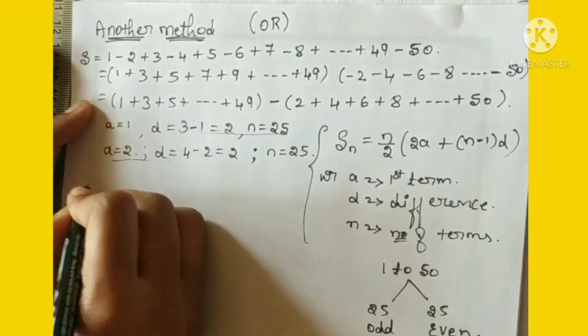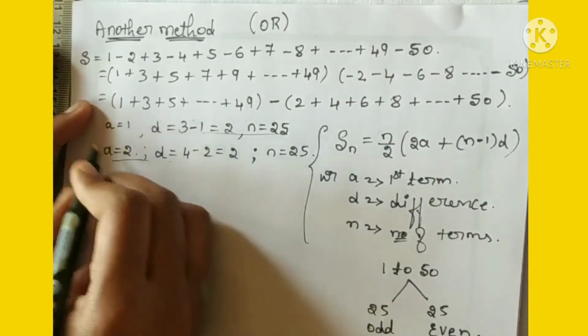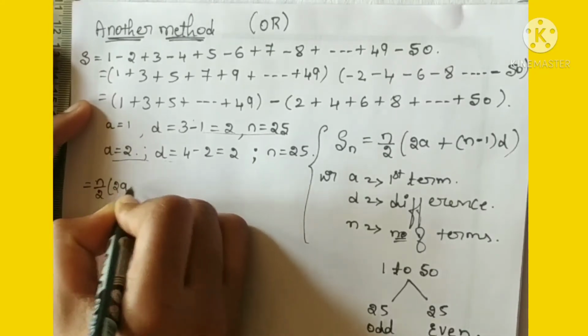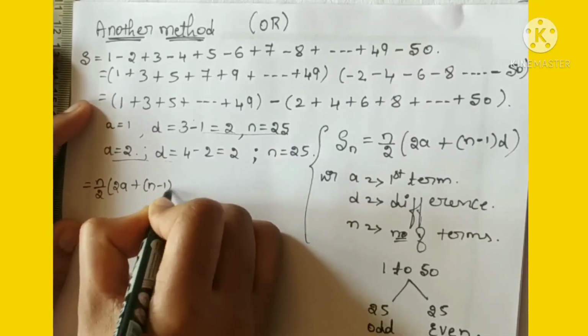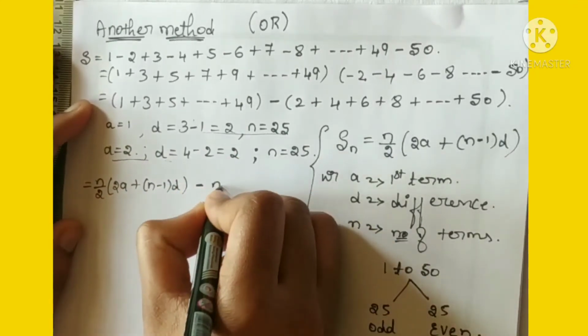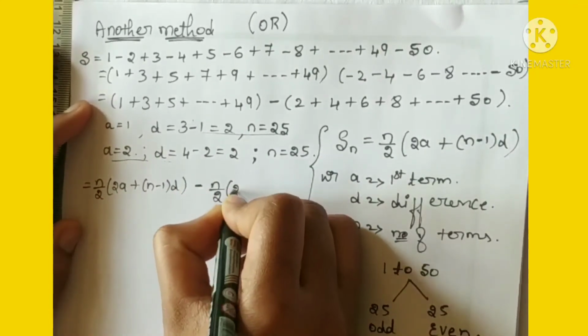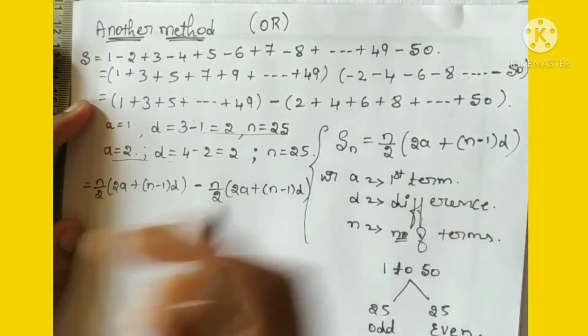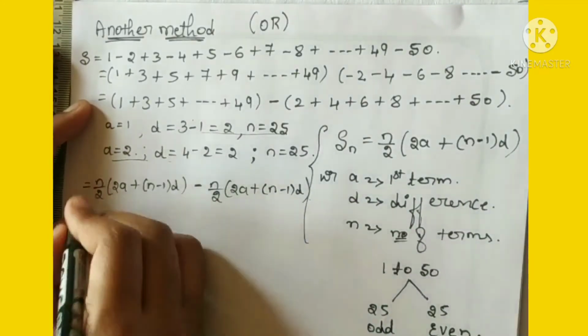that is n by 2 into 2a plus n minus 1 into d minus n by 2 into 2a plus n minus 1 into d. I just written the formula. Now I will substitute.